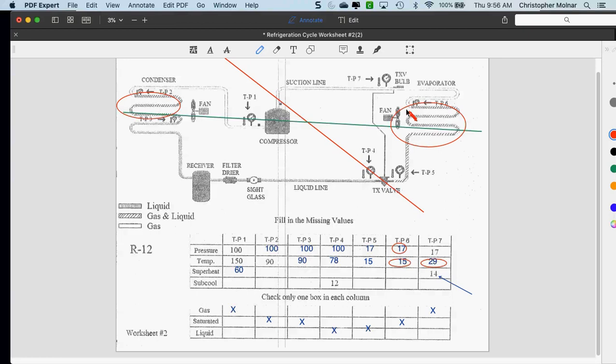Wouldn't the pressure also go up? Not necessarily. I want you just to think about temperature on this one. Let's ignore pressure for the moment. If I have this whole area for sensible heat gain, my temperature of the refrigerant is going to climb.